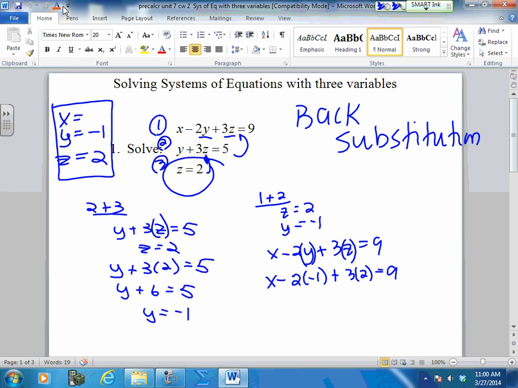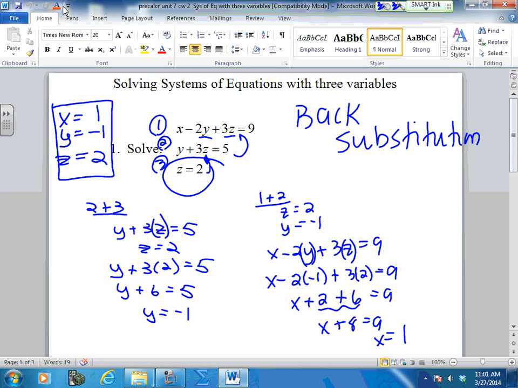Now be careful with your algebra skills. A negative times a negative is a positive. Plus 6. Add these together. Subtract. And x is equal to 1. Okay?